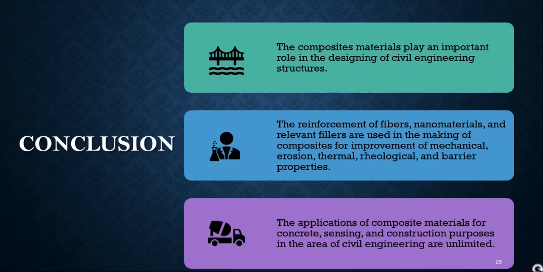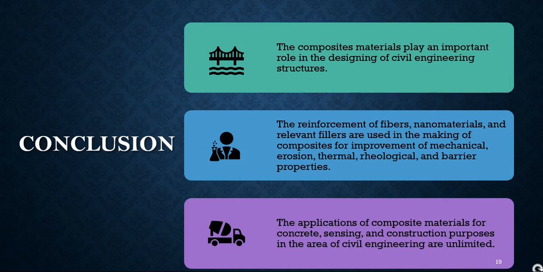So, coming to the conclusions, as seen from these slides, composite materials, that is smart composites, play an important role in designing civil engineering structures as well as in their rehabilitation. Nanomaterials, fibers and relevant fillers have been used to improve the properties of concrete, such as mechanical, erosion, thermal, rheological and barrier properties.